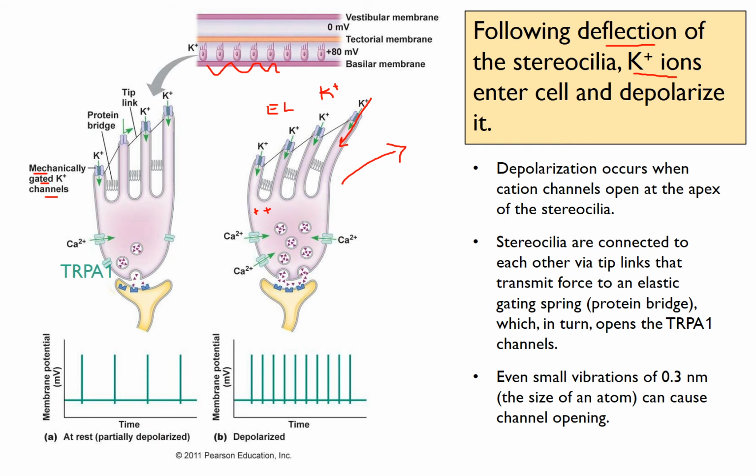And that is we open calcium ion channels. This particular calcium ion channel is a familiar channel called TRPA1. This is the exact same TRP receptor that we learned about in sensory and pain physiology.